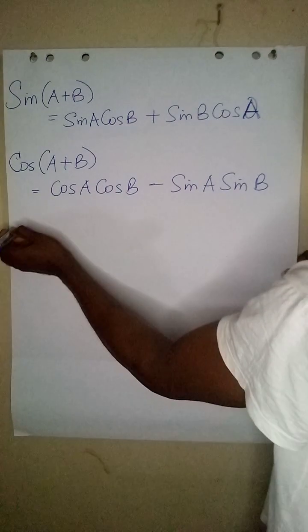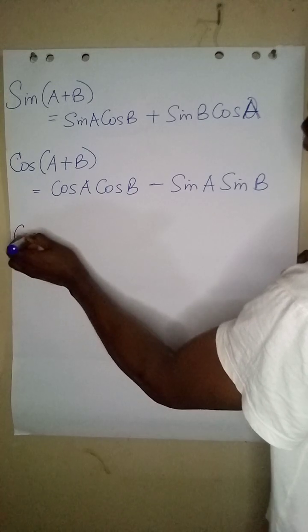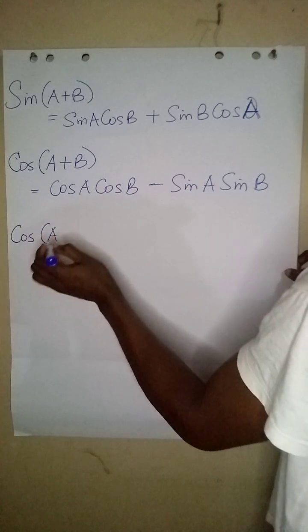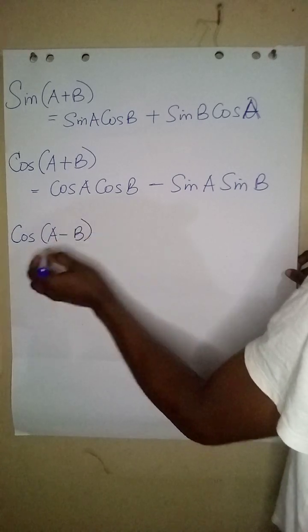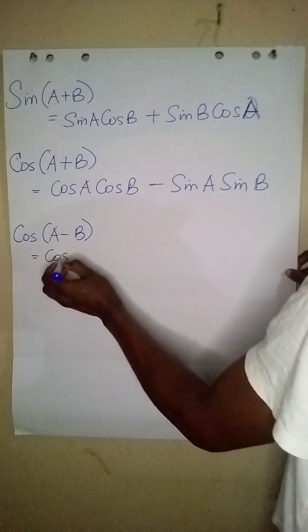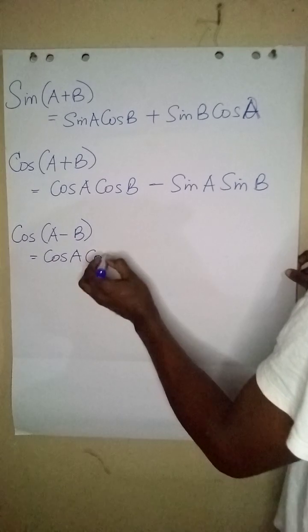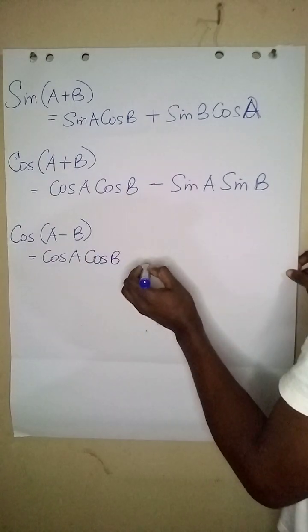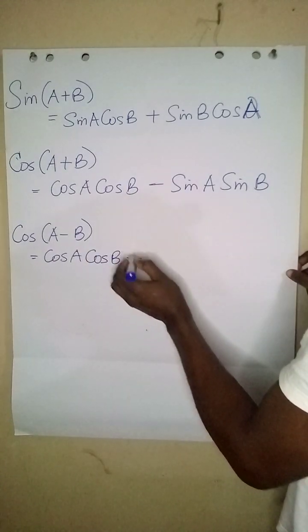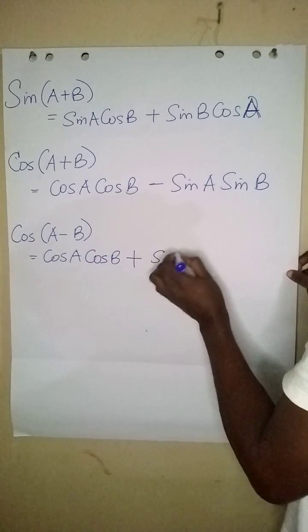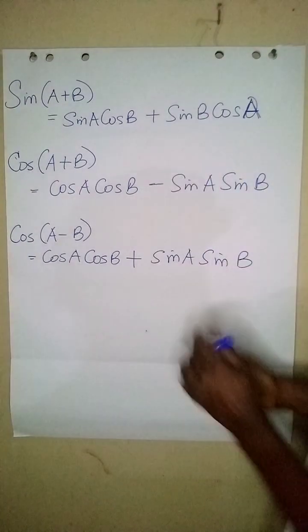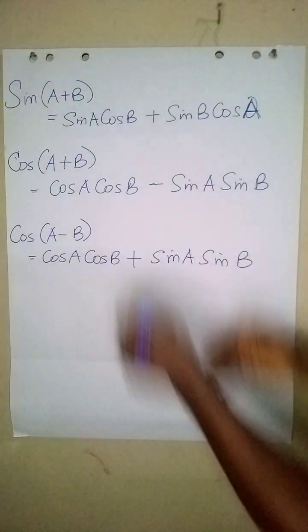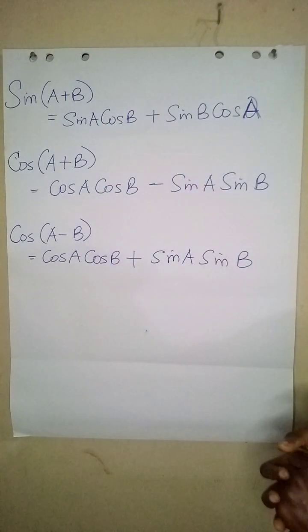The next one I would love to add is cos A minus B, and that will give us cos A cos B plus sine A sine B. So these are the basic compound formulas.